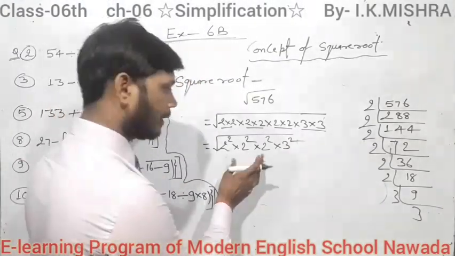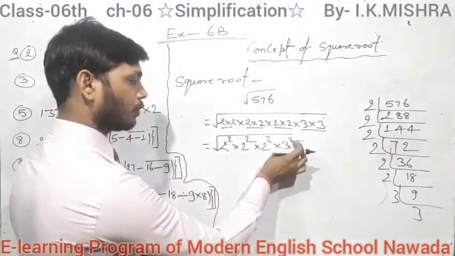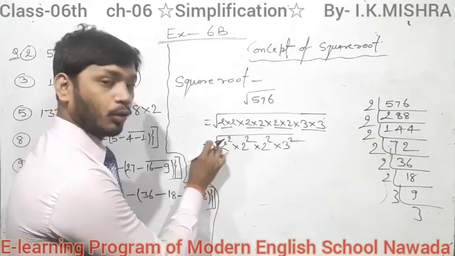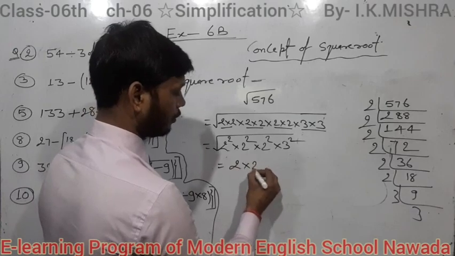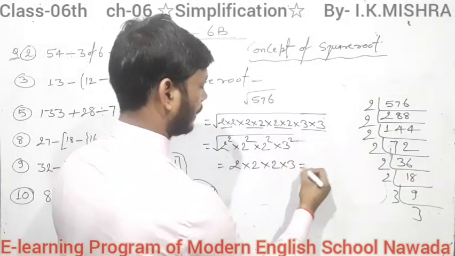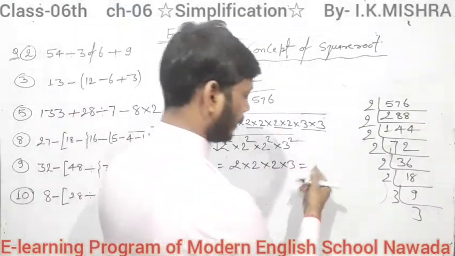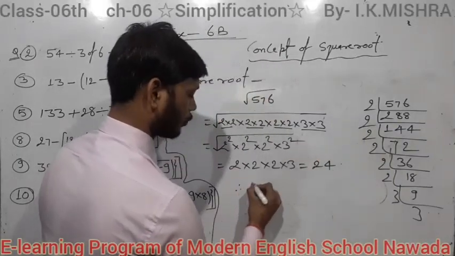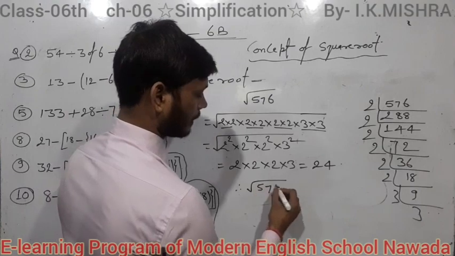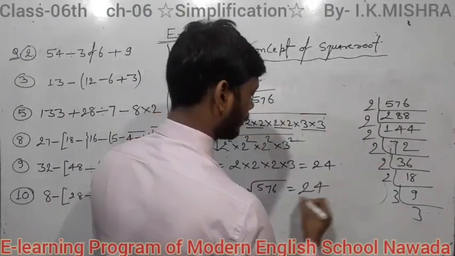After that, a square is present, so remove the square root symbol. So it will be 2 into 2 into 2 into 3, and that means 8 into 3, 24. So students, the square root of 576 is equal to 24.